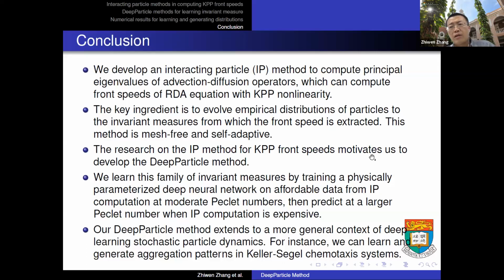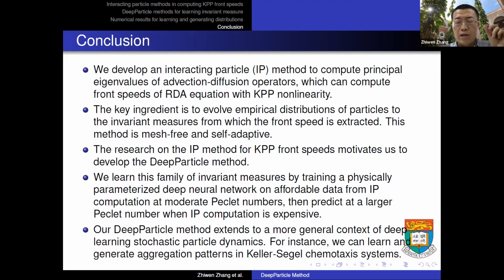Our research on DeepParticle is also inspired by a physical problem, the KPP problem. We first developed this IP method to compute the principal eigenvalue of an advection-diffusion operator. This can compute the front speed in the KPP problem. Here I want to make a remark: this method can only compute the principal eigenvalue.